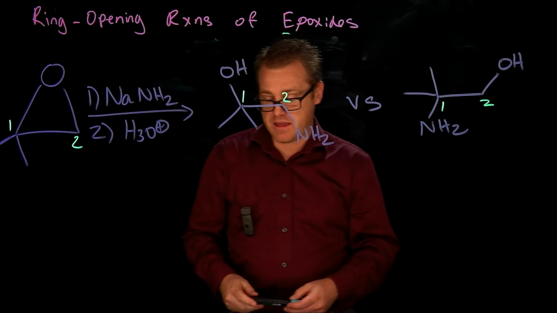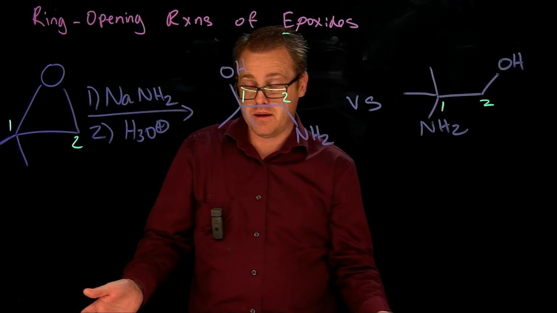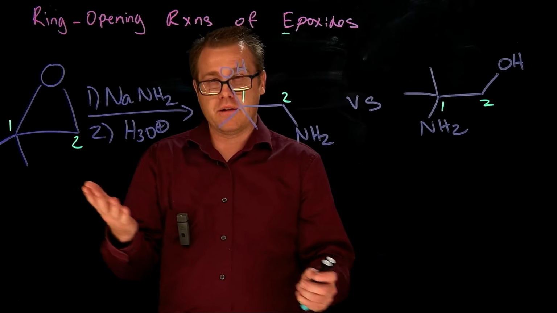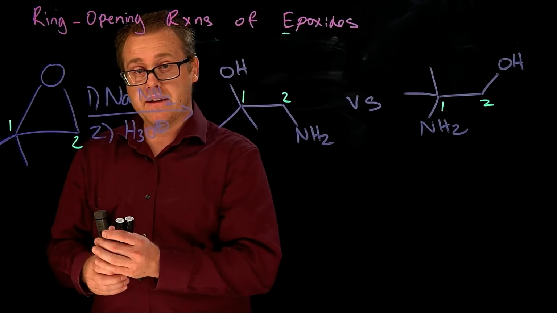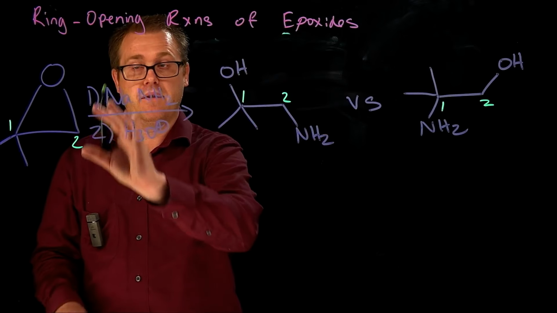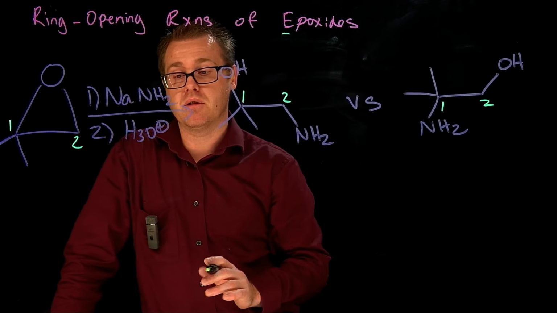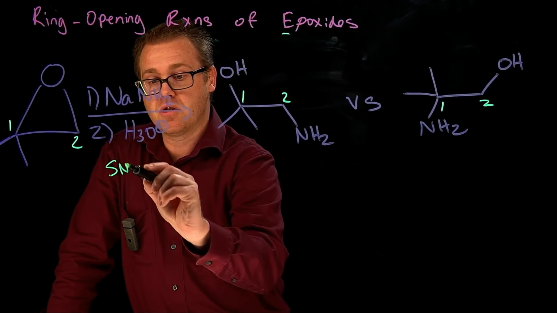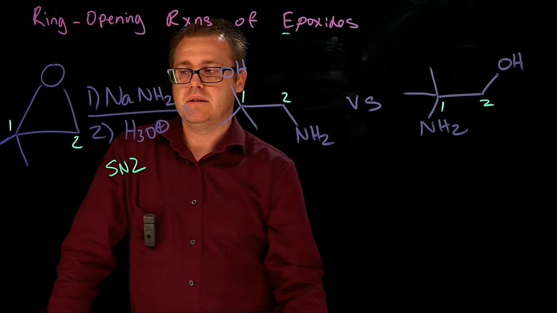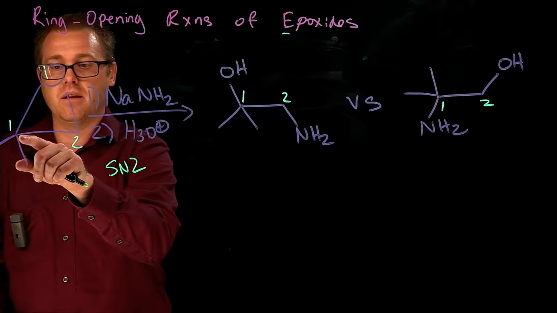In order to make this judgment call, we have to understand what we talked about previously. What type of mechanism did we invoke when we were using strong nucleophiles? We were saying, hey, this is going to be an SN2 style reaction. Look at that carbon right there.